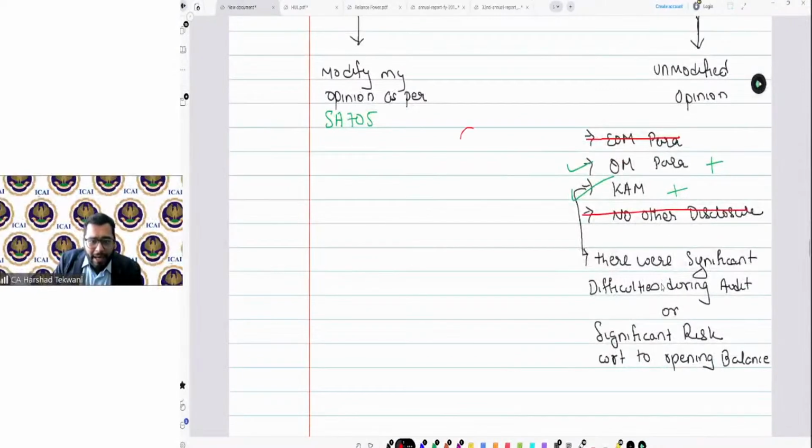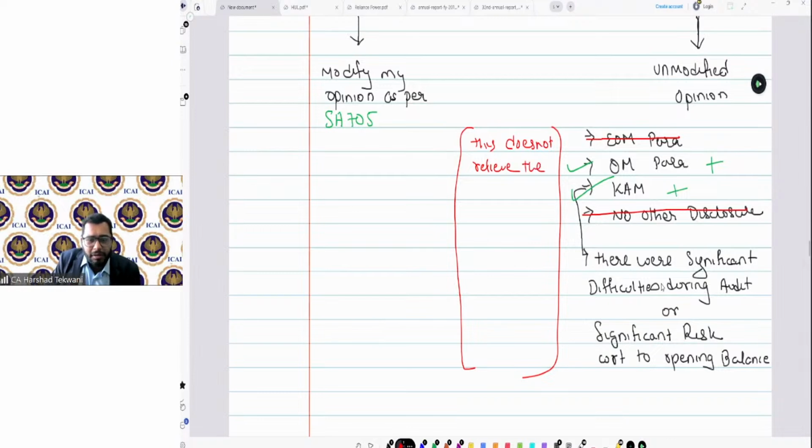But again in here also, this does not relieve the auditor from obtaining sufficient and appropriate audit evidence as per SA 501.